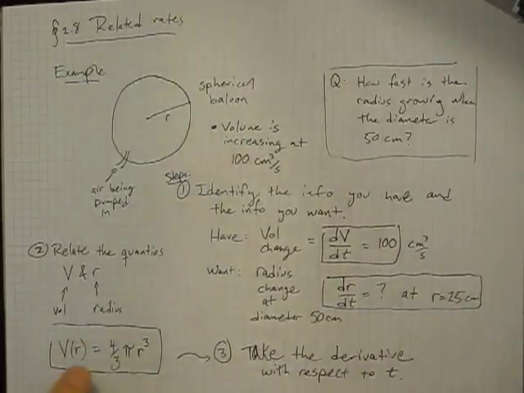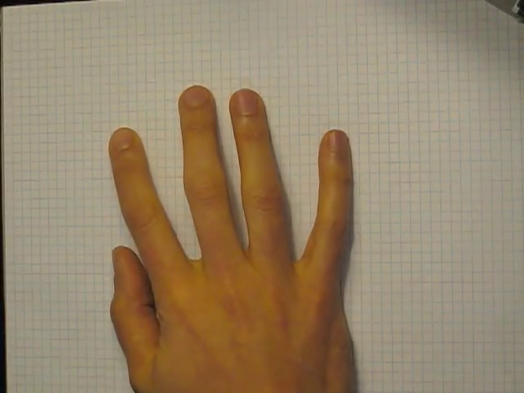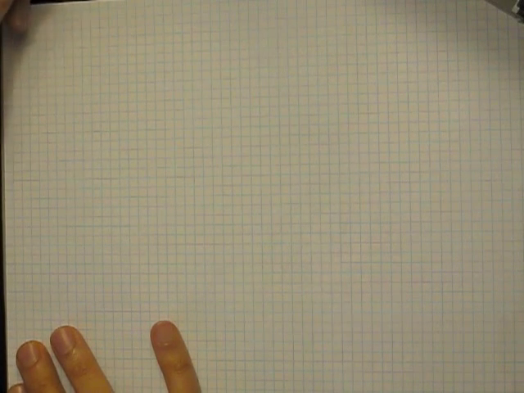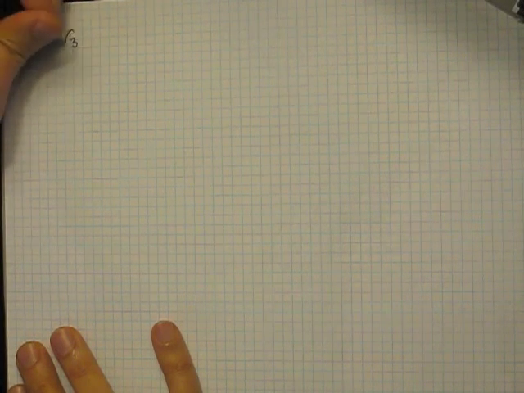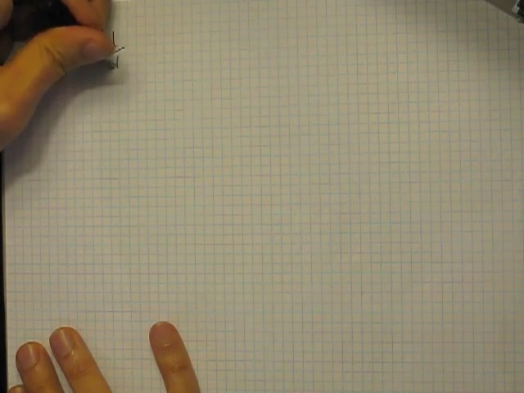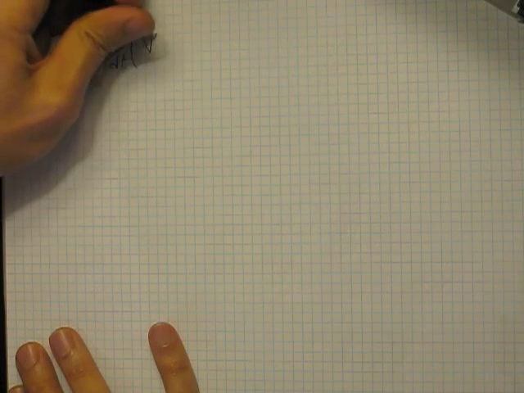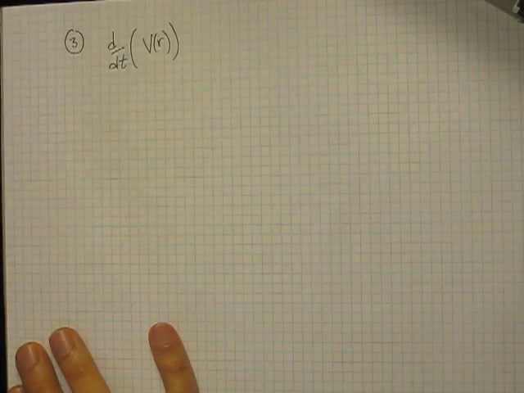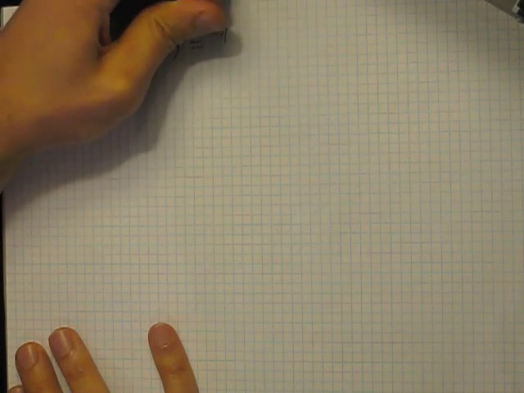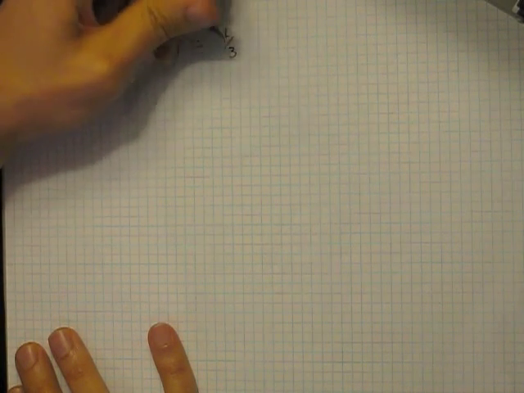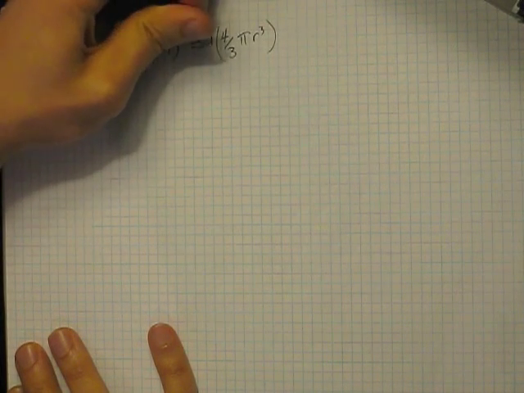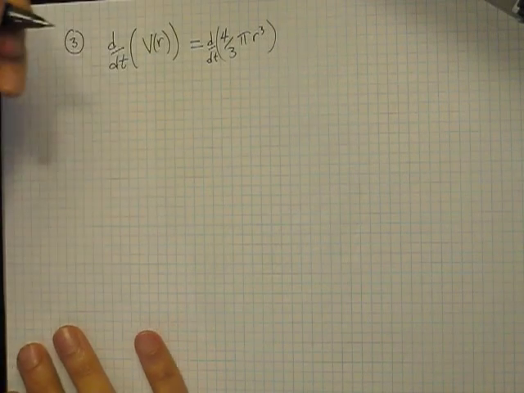So here's our equation, and we're going to take the derivative of it. This is still step 3. We're taking the derivative with respect to t of the volume function, and we know that this is equal to 4/3 pi r cubed.